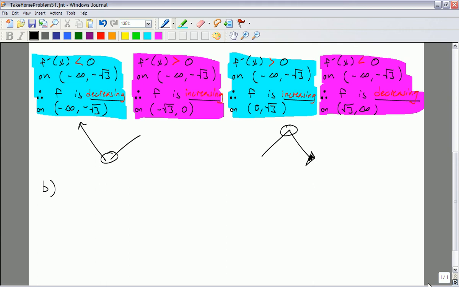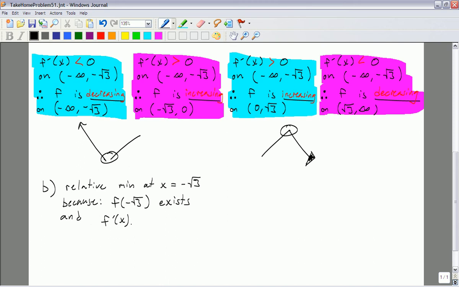So, relative min at x equals negative root 3 because f of negative root 3 exists and f prime of x is less than 0 on negative infinity to negative root 3, and f prime of x is greater than 0 on negative root 3 to 0.